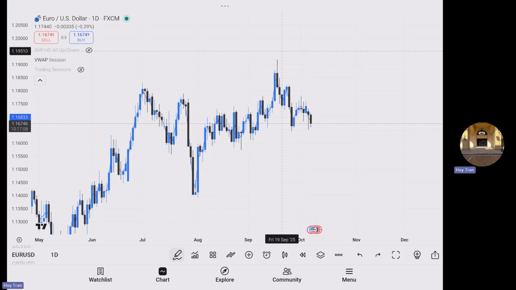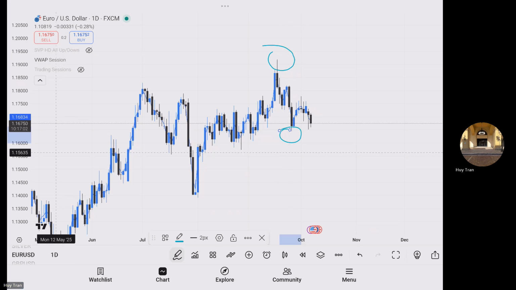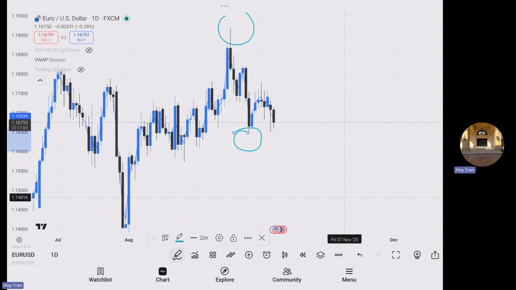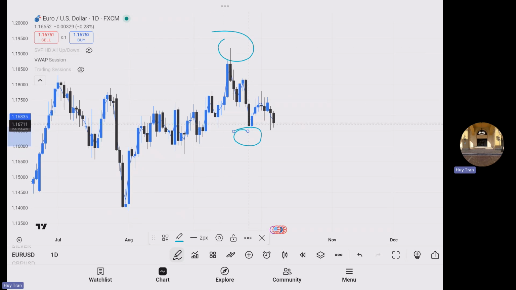Price is telling us that after this high, it's doing a little retracement, and we all agree that this is a pullback. So who are we to tell price to make a deeper retracement? We just have to look at the trend. So what is the trend?